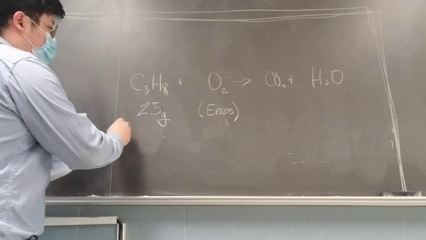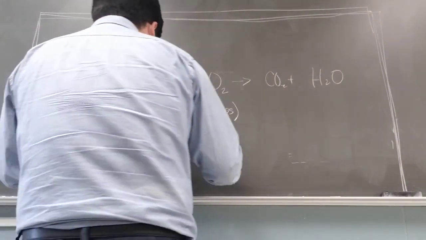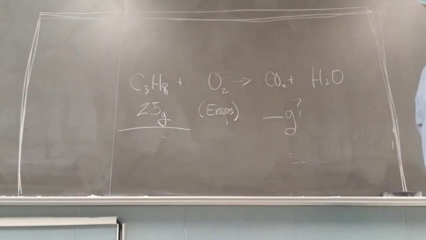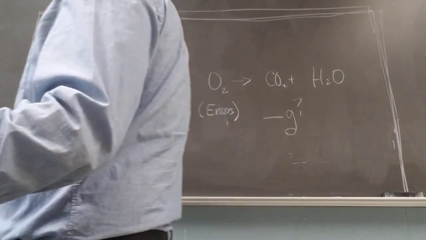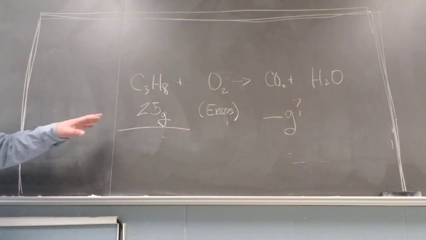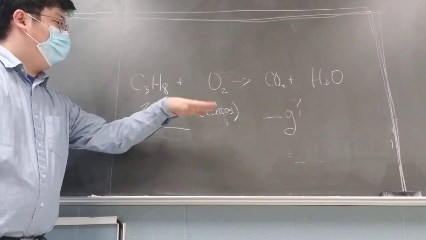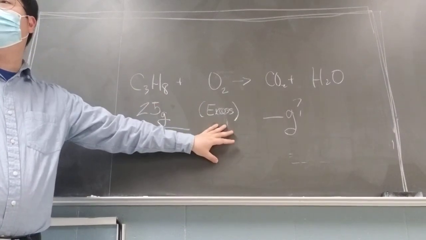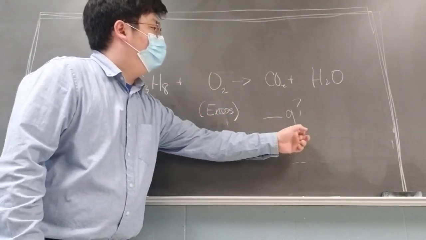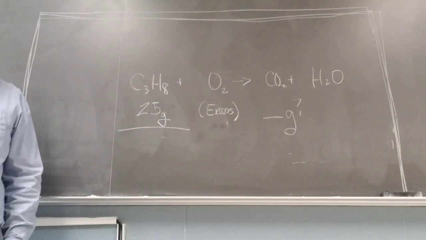So if you have all 25 grams of propane used up, how many grams of carbon dioxide will be produced? That's the question. You have 25 grams of the propane here, and it will be all used up because you have lots of oxygen, so there will be abundant reactants here. This will be your limiting. And then how many grams of carbon dioxide will be produced? That's the question.